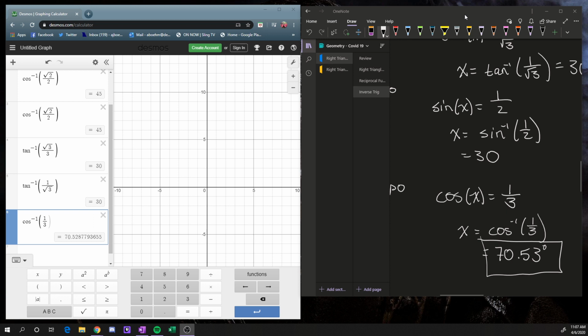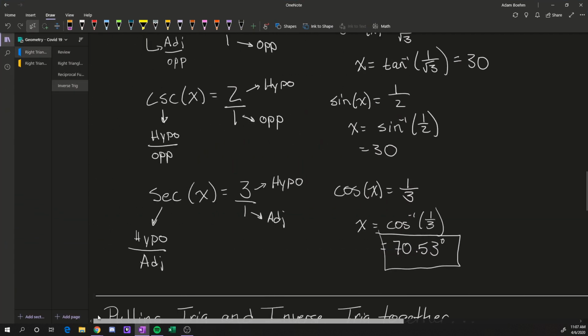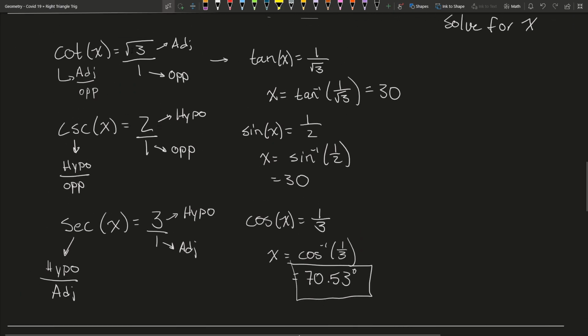Why in the first problem did you flip the 3/1 to 1/3? Well, in the first problem, it's square root of 3 divided by 1, right? But that's cotangent of x. And I did flip them for all the problems. We need to rewrite cotangent in terms of tangent, cosecant in terms of sine, and secant in terms of cosine.